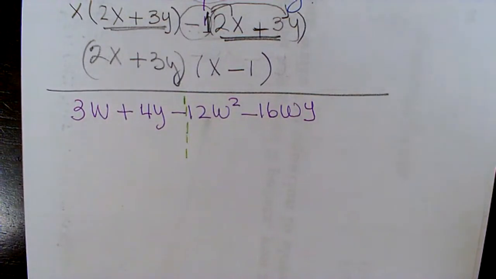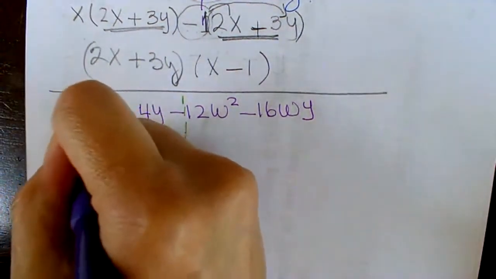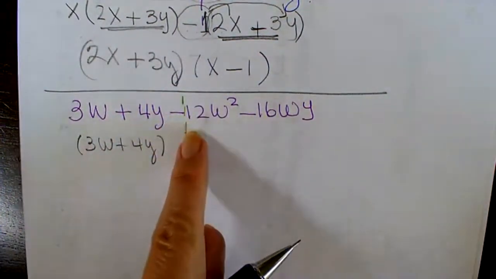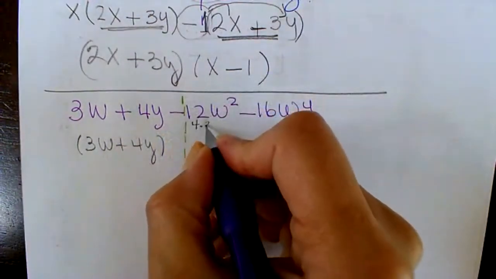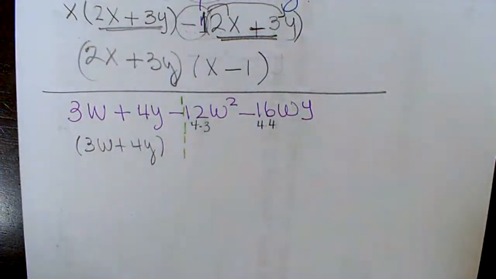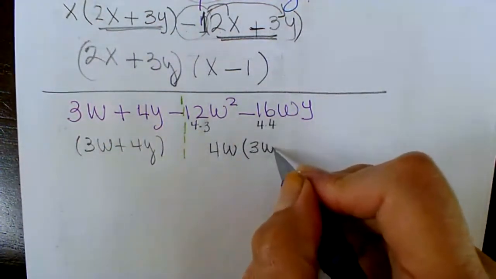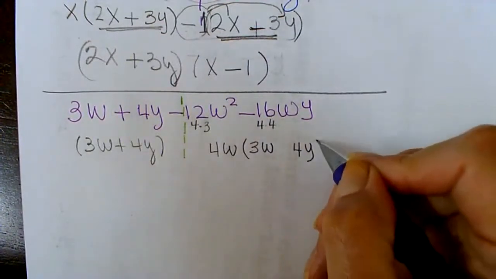What do I have left on the first one? They don't have anything, right? So it's going to be 3y plus 4y. Now this one, we know that 4 times 3 and 4 times 4. So I know it's going to be 4, my greatest common factor, and w. I'm going to factor it out. What do I get? I get a 3w, and right here I get a 4y.